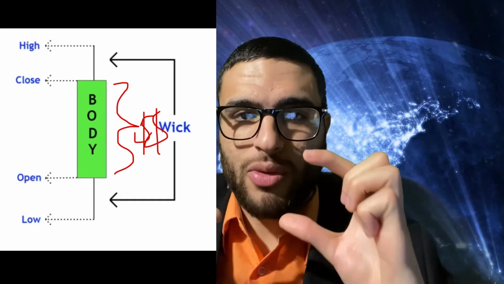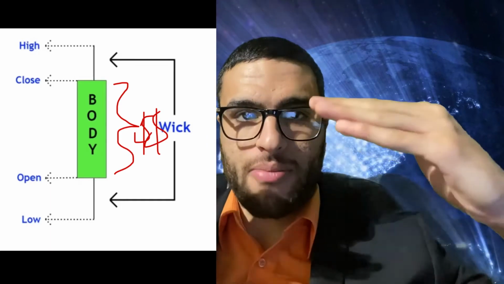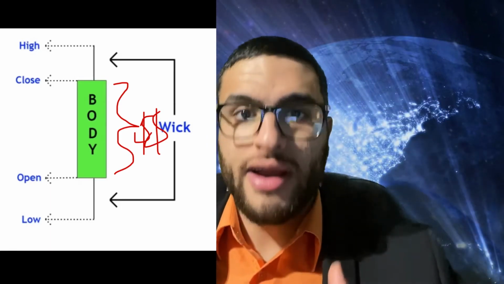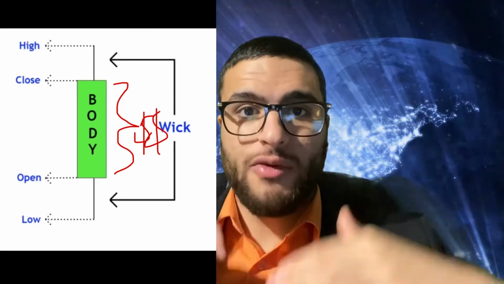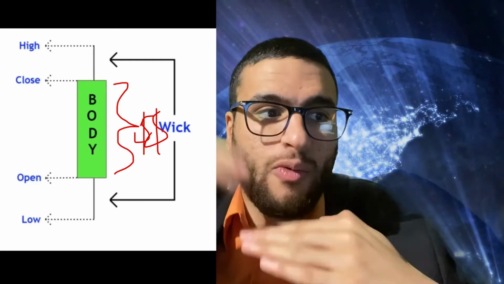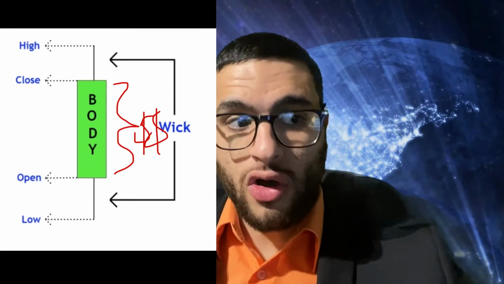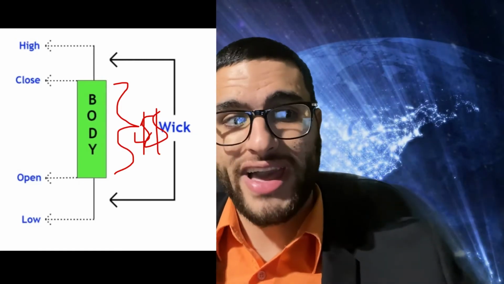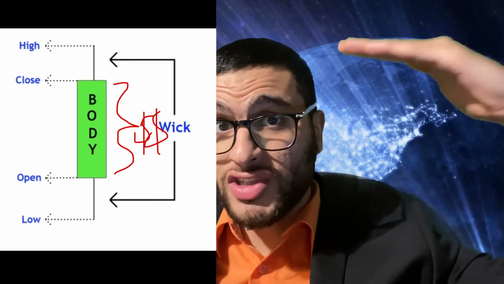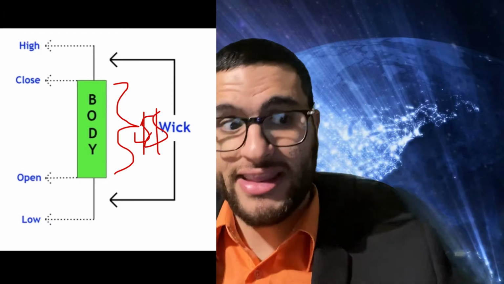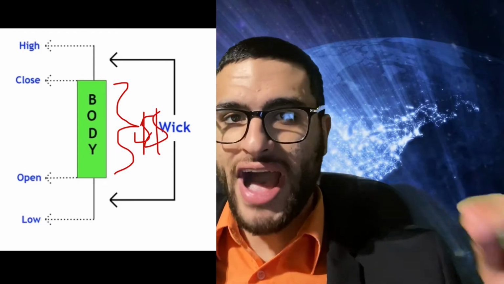It went down there, but it didn't remain down there. It went back up again, past the open, and to the close. And we also get the wick at the top, because that's how high it went. In the one day, that is the most high it went.